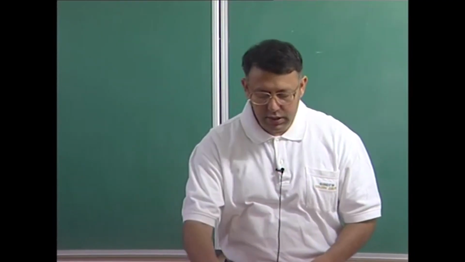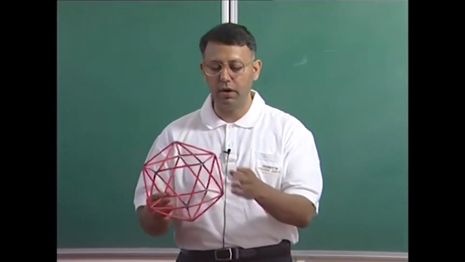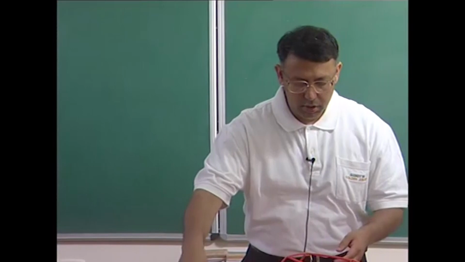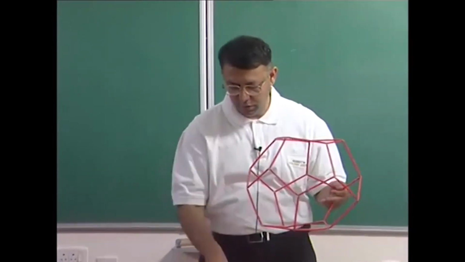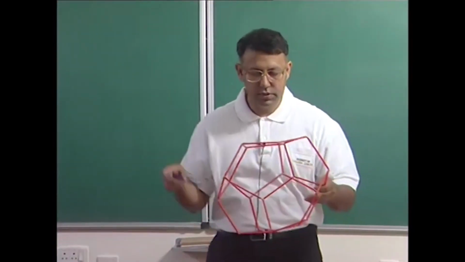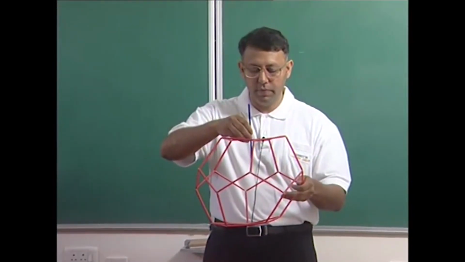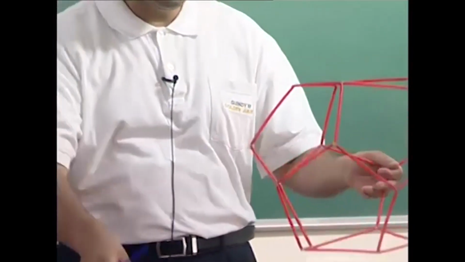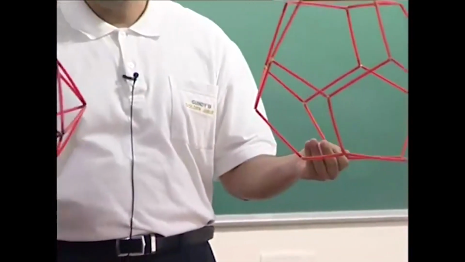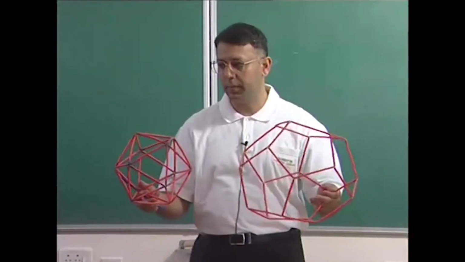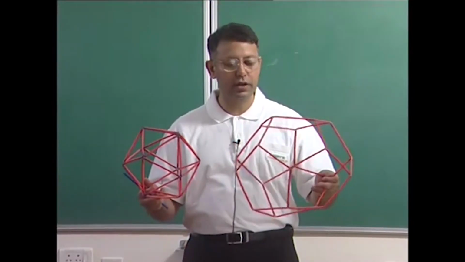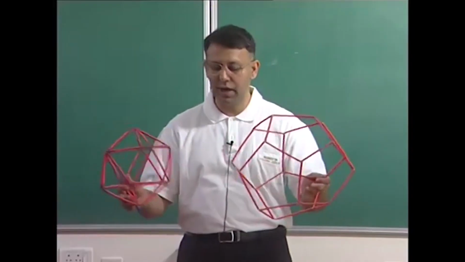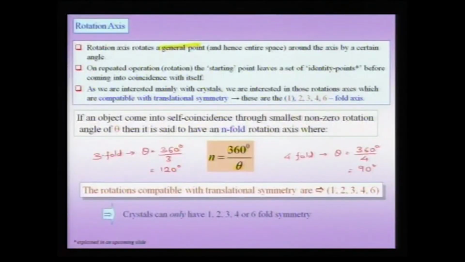On the other hand, the symmetries of the icosahedron, which has got a 5-fold symmetry here, or the dodecahedron, which has also got a 5-fold symmetry here. So, this pentagonal face, connecting to the opposite face, has got a 5-fold symmetry, but these two platonic solids are not compatible with translational symmetry, and therefore, you would not find crystals having these symmetries. However, there are quasi crystals which have these kind of symmetries.